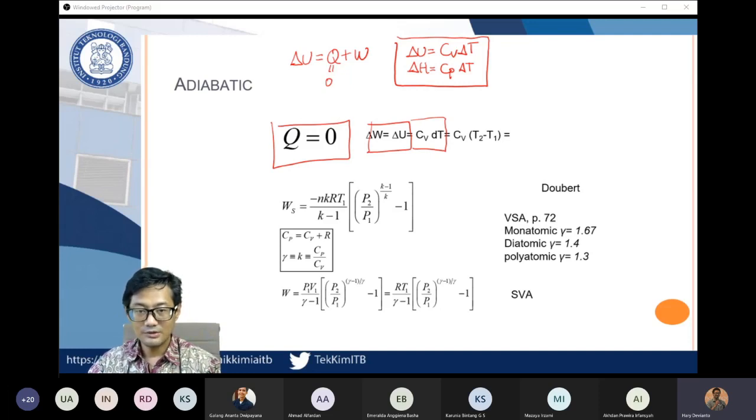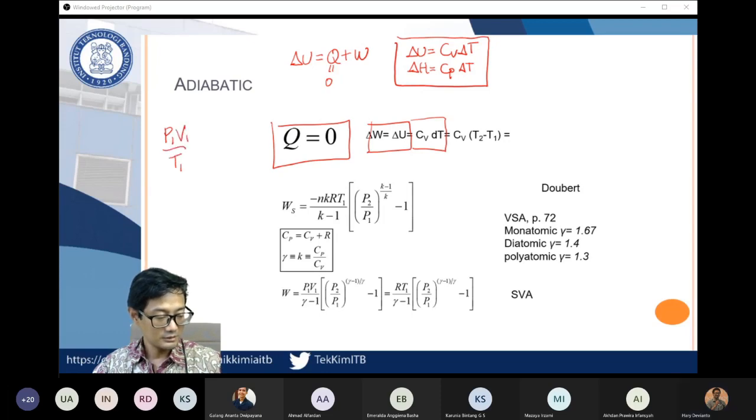Now let's move on to the details of adiabatic. What are the details of adiabatic? We can remember from your last quiz. Actually, we cannot use this simple P1 V1 over T1 equal to P2 V2 over T2.